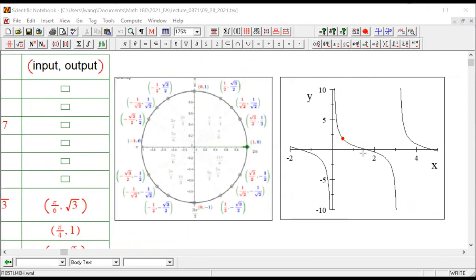You're going to hear something similar: as the input gets closer and closer to zero, what happens to the output? The output gets larger and larger, as large as you wish. Are you guys with me? That's the dynamic process I'm talking about, and that's a dynamic process you're going to deal with in calculus class on a daily basis.